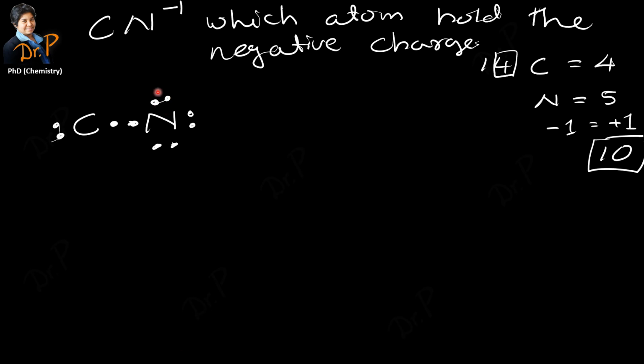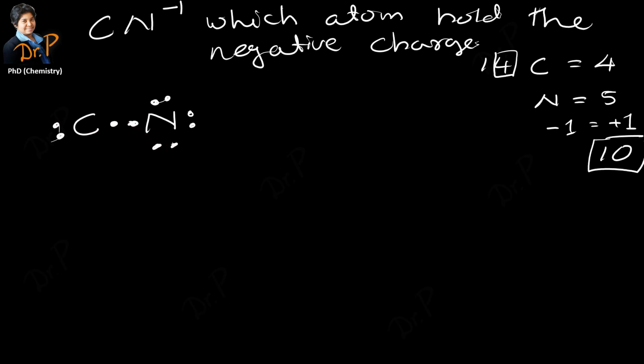Now this structure I have come up with doesn't look right. Why? Because even though nitrogen has completed its octet, carbon has not. Remember, in period 2, carbon, nitrogen, oxygen, fluorine, they will always go for 8 electrons. So we can do a small rearrangement.